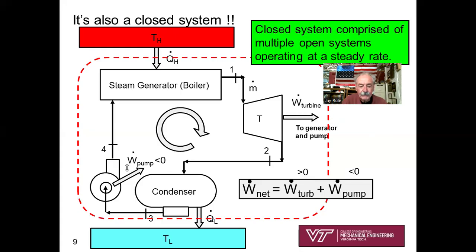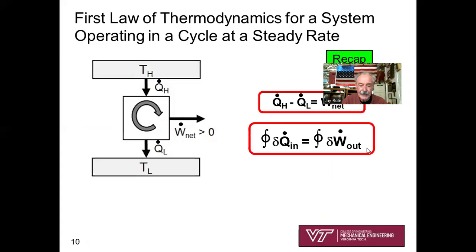And I've got W dot net penetrating the control surface. Maybe I did do a good job of this. W dot turbine plus W dot pump is going to be W dot net. So do recognize that by taking those four pieces of equipment, open systems, and putting them all together, we've created a closed system operating at a steady rate. Hope that helps you get ready to go into Chapter 8.